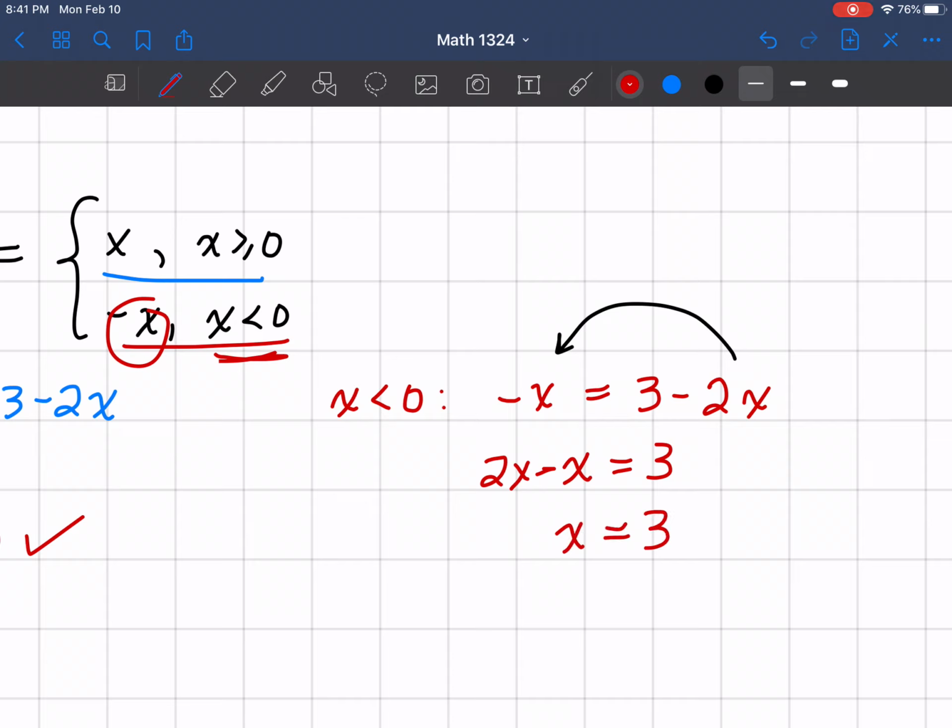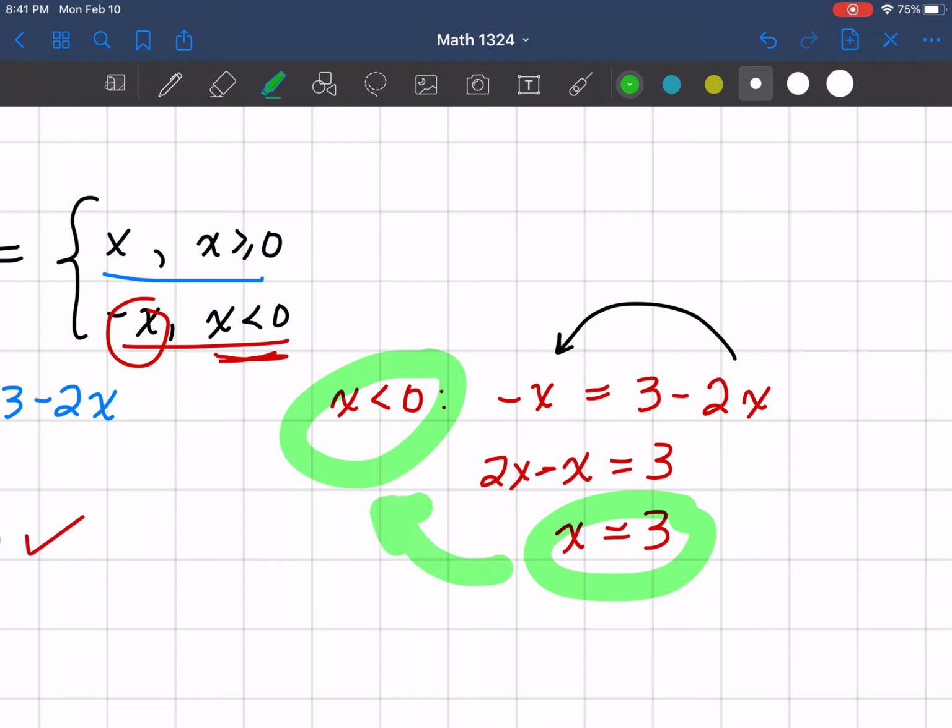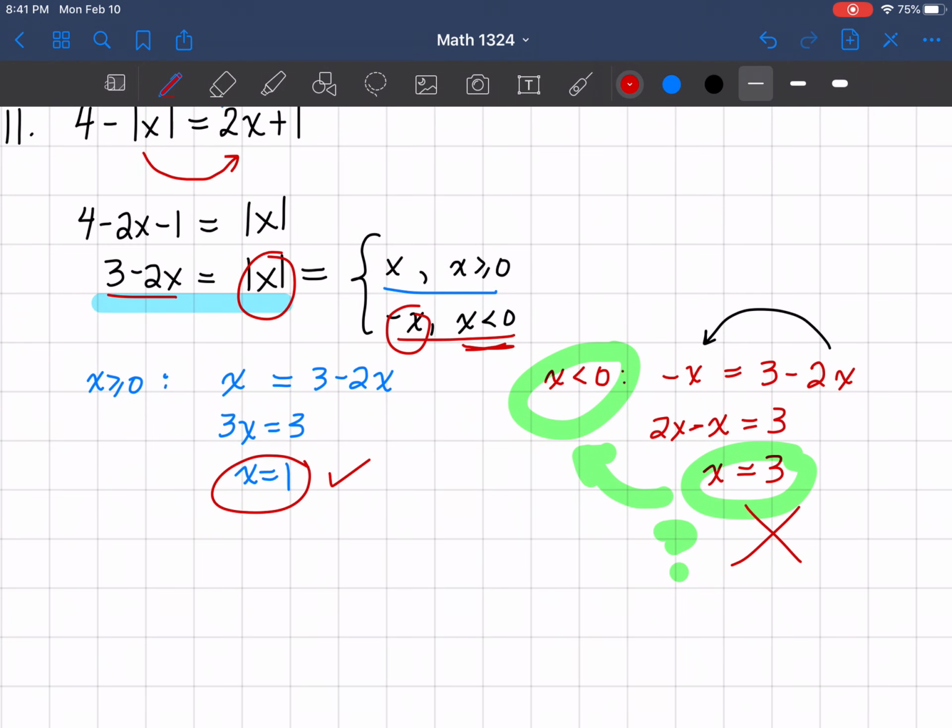Now we check: is this a valid value? Of course, x equals 3 is bigger than 0, not less than 0. So in this case, we have no solution. Those are the only two cases to check, and so we only have that x equals 1 is a solution.